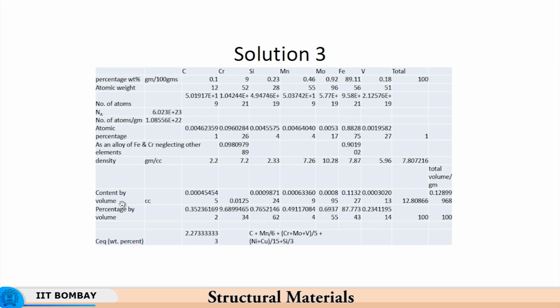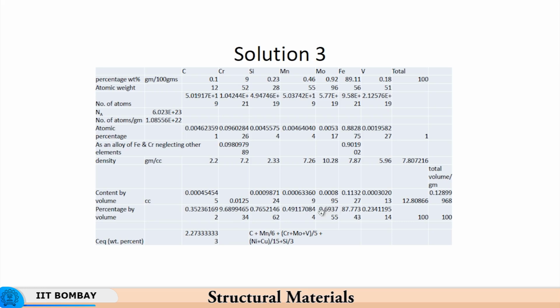Okay. Now let us see content by volume. So the content by volume is so much, because now you know the weight percent and you divide it by the density. So you get content in terms of volume, and then percentage by volume, again you calculate the percentage. So total volume is 12.8 and so the corresponding volume percentage is 0.35 in this case, 9.69 in case of chromium, 0.76 in case of silicon, 0.49 in case of manganese.